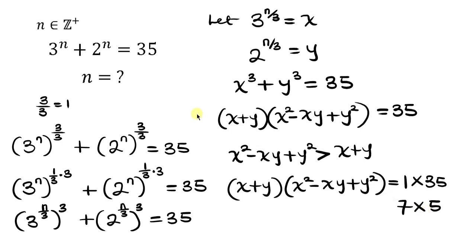Now notice that since n is a positive integer, it goes to say that both x and y are also positive integers. And for that reason, we're only going to be considering the positive factors of 35. Let's move on to the next slide.